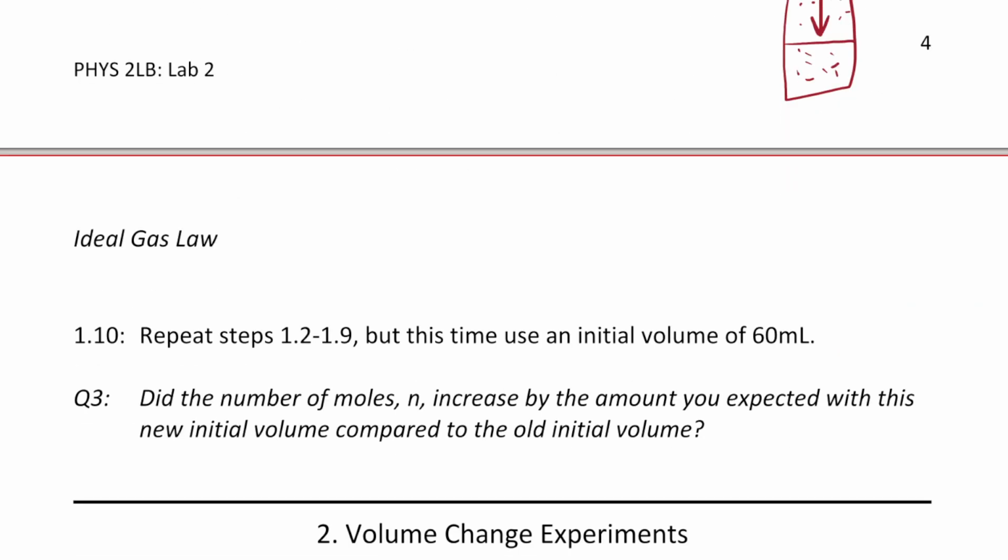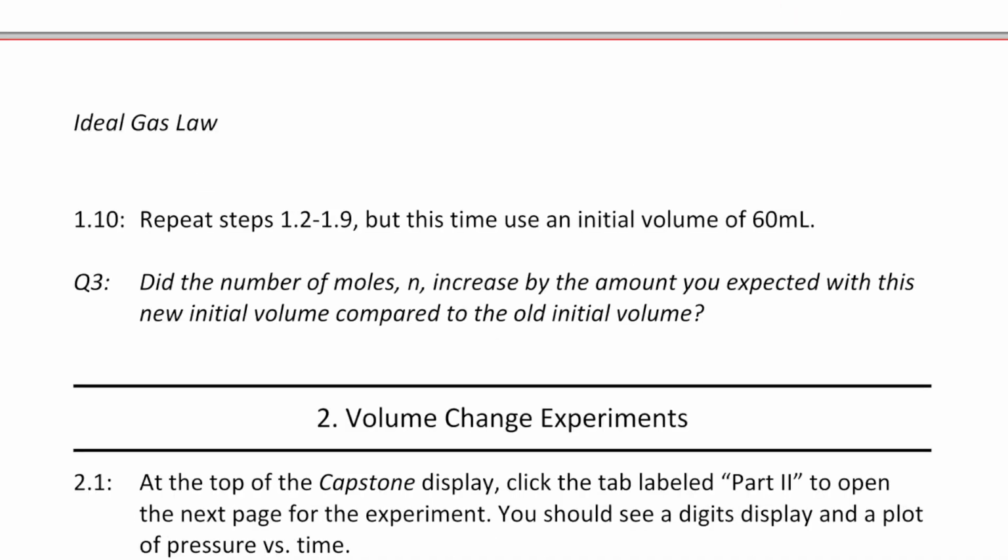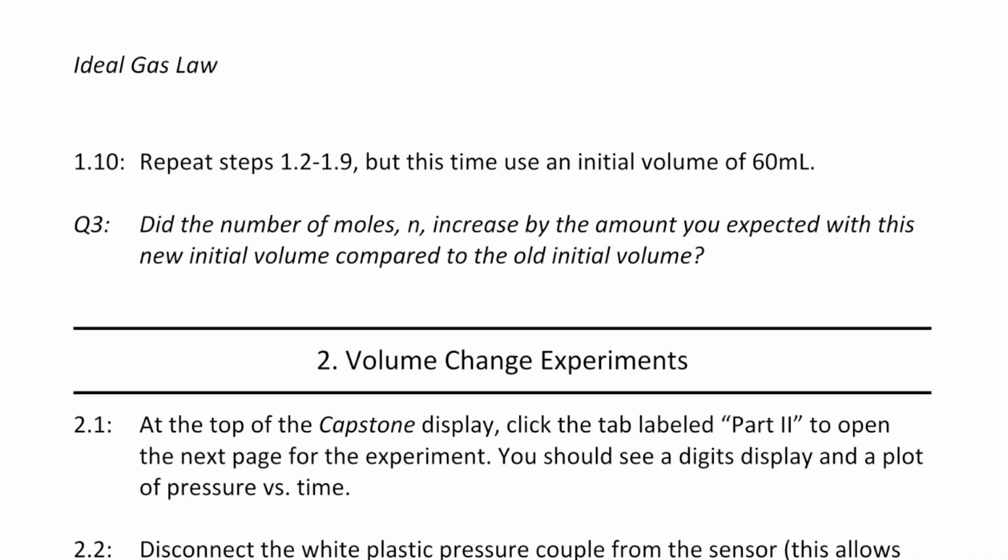Question 2 asks whether the values agreed within experimental uncertainty. That's more of a lab thing, they either did or they didn't. Question 3 asks whether the number of moles increased by the amount you expected with this new initial volume compared to the old initial volume. Theoretically, with 50 mils, you calculate approximately 0.002 moles of gas.